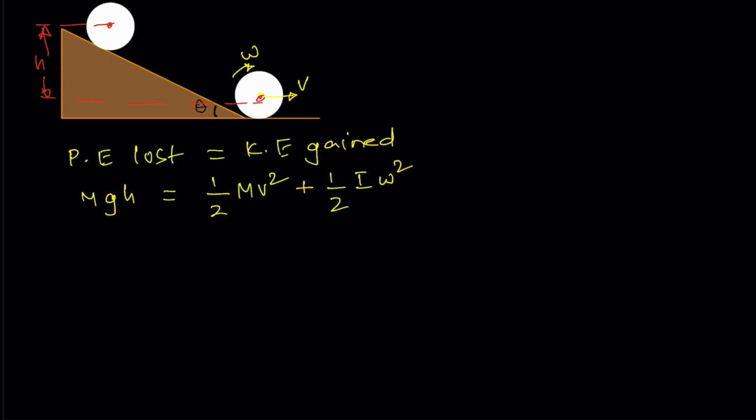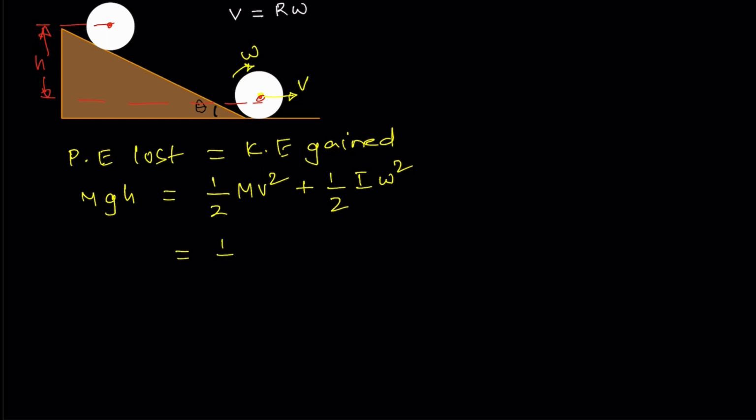We are not interested in v, but we know that in pure rolling the points of contact don't slip. So magnitude wise, the center of mass velocity is equal to r times omega, the tangential velocity of a point on the periphery of the object. So we can substitute v here.